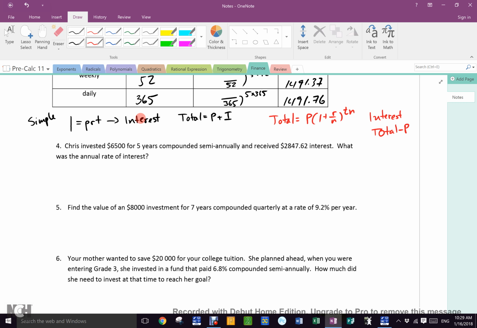So let's start with an easy one. Chris invested $6,500 for 5 years, compounded semi-annually, and got that much interest. What was the rate? So what do I know? Do I know Chris's principal? What is it? $6,500. Do I know his rate?